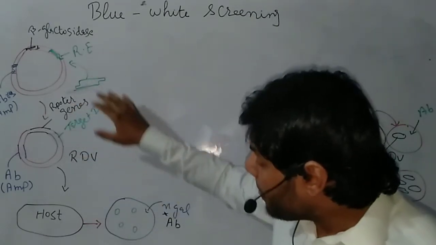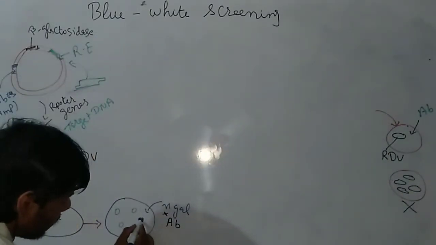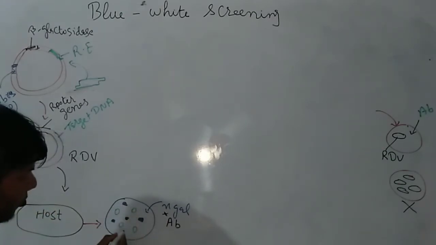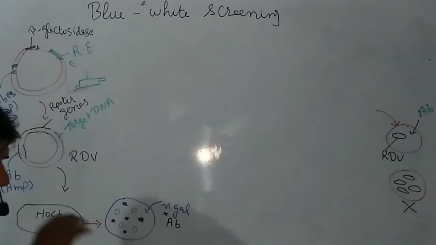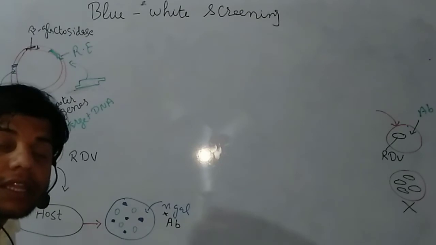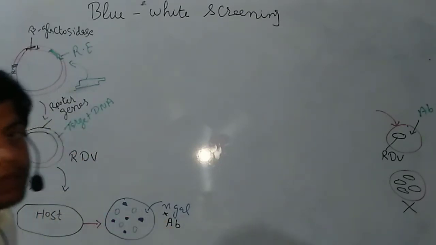Okay, now when we get a blue colony, let's suppose these are the blue colonies. When we get the blue colonies, then this blue colony shows that inside each colony there are those bacteria which don't carry your recombinant DNA vector.